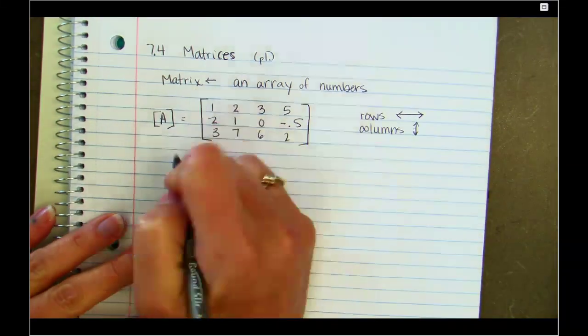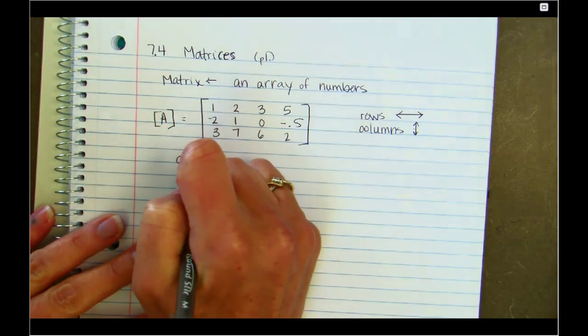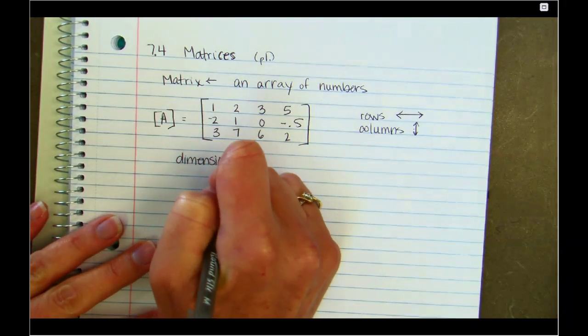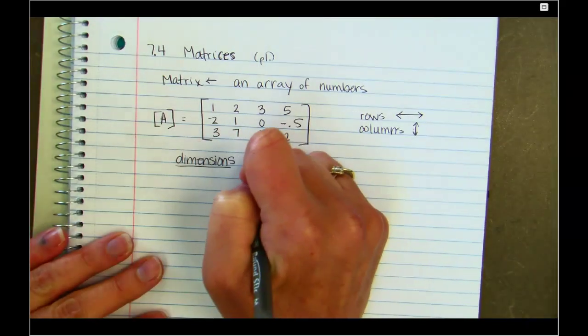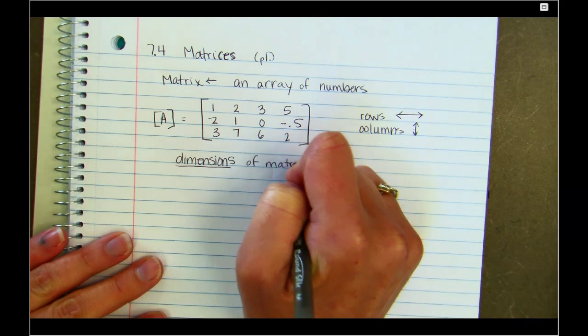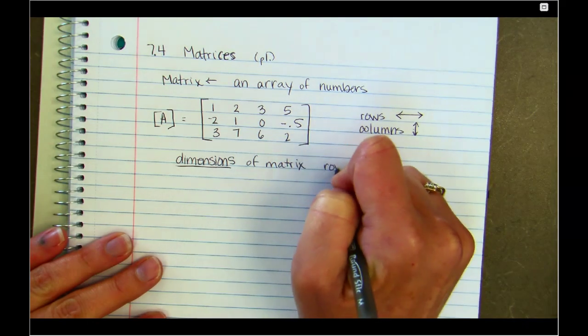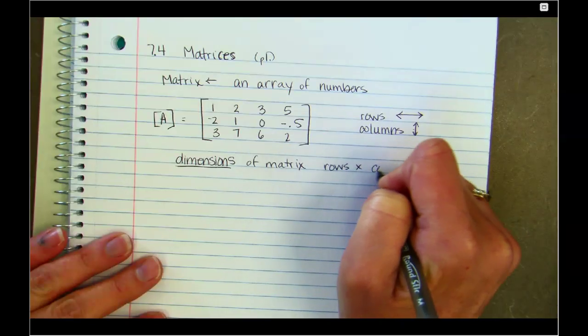So the dimensions, this is an important thing. You're going to be like, this is stupid. It's actually important. So the dimensions of the matrix are rows by columns.